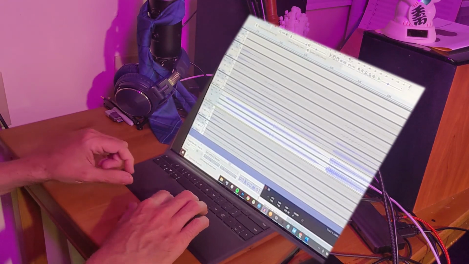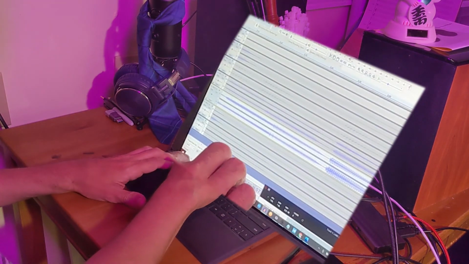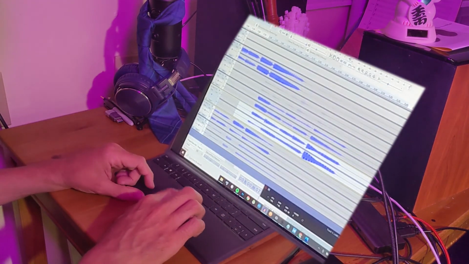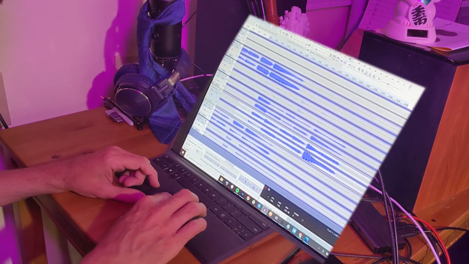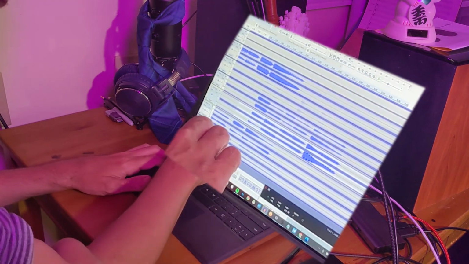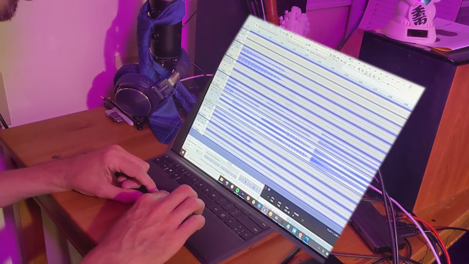So one of the things that we can do is use something like shaping the waveform.